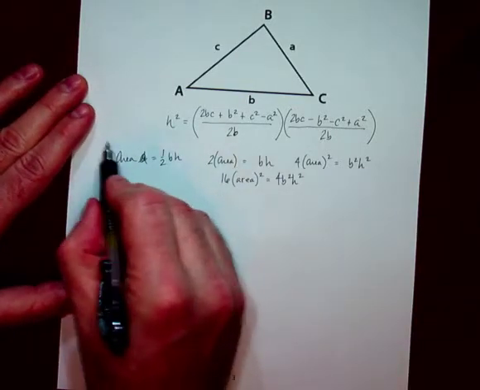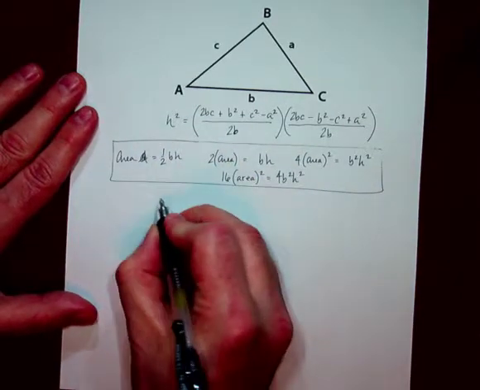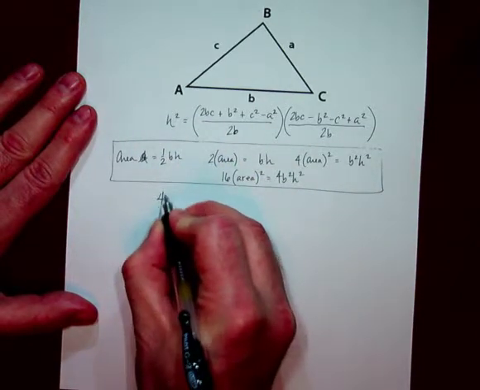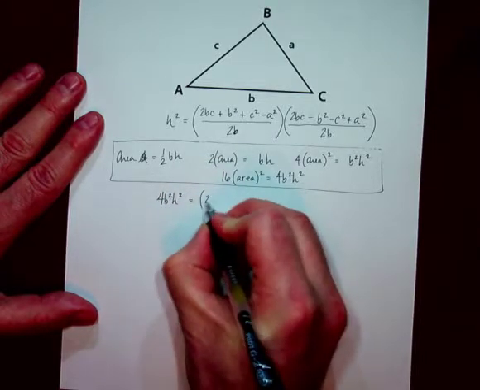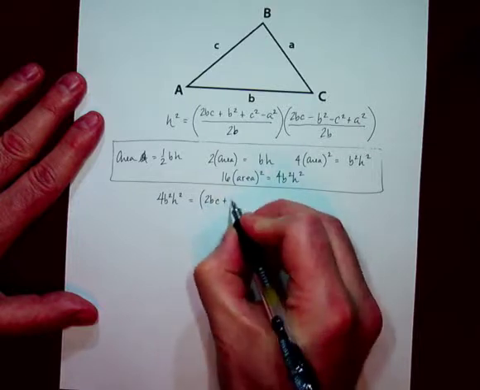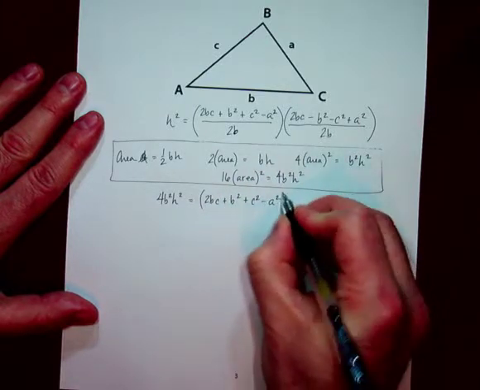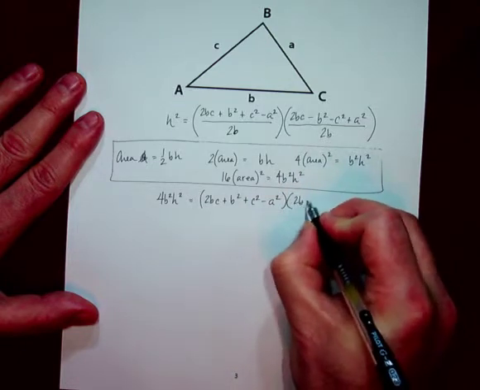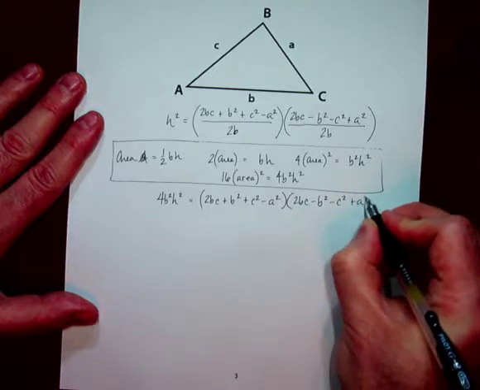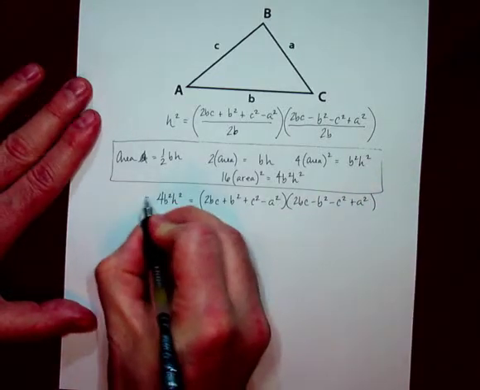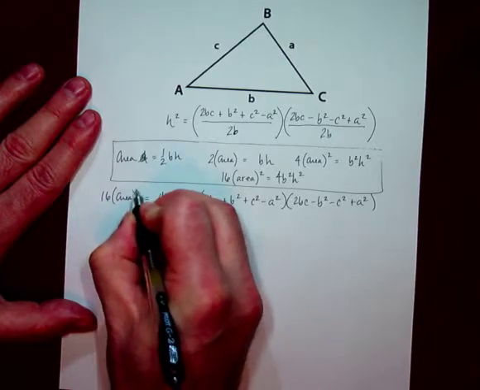So this is sort of an interlude that allows us to do this next step and shows us that 4b squared h squared, which is equal to 2bc plus b squared plus c squared minus a squared, and 2bc minus b squared minus c squared plus a squared, is equal to 16 times the area squared.